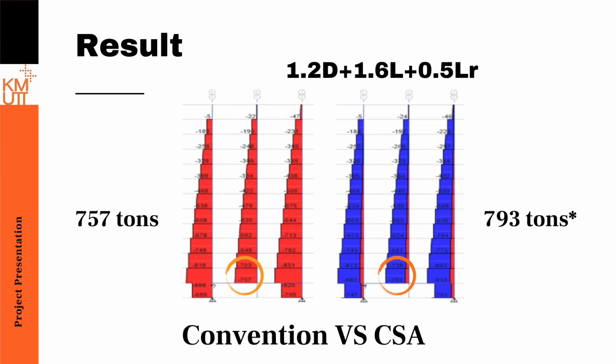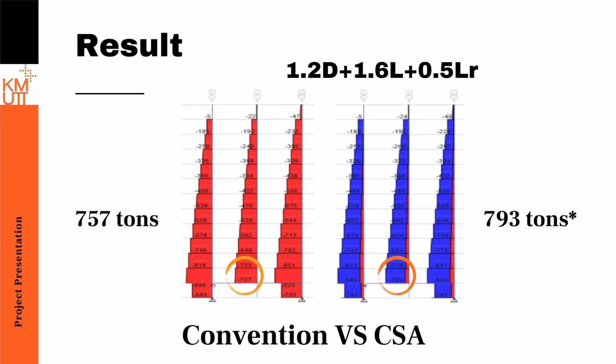After the model analysis, the vertical load that will act on the transfer structure will be in the form of axial force in column. The load combination used in this analysis is 1.2 dead load plus 1.6 live load plus 0.5 roof live load, which is the combination that gives the highest axial force when the analysis is run with construction sequential analysis.